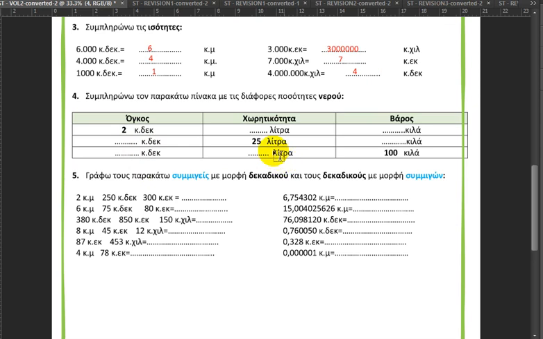Okay, so here, 25 liters is going to be 25 kilograms. And here, 100 kilograms is going to be 100 liters.